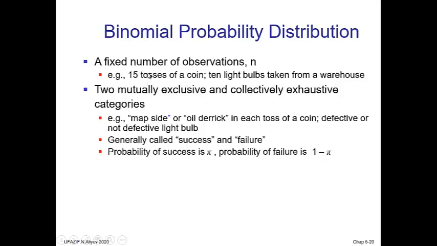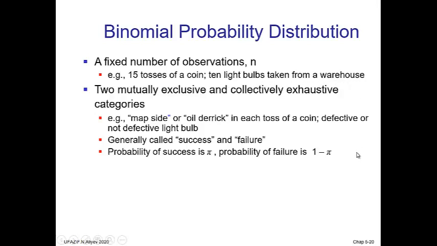For example, when we toss a coin, the probability of obtaining the map side is 1 over 2 for each trial, for each observation. If, for example, the probability of a light bulb being not defective is 0.90, this must be the same for all these 10 light bulbs, okay?